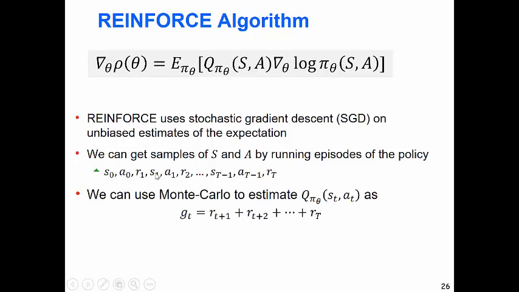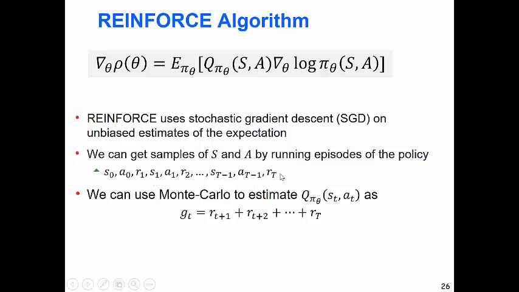Now, at any point here, we can get an estimate of the Q function by just summing up the rewards. If we look at an estimate of the Q function of S1 for A1, the Q function of S1 when you take A1 is just the sum of the rewards after that, because we took A1 and then we followed the policy thereafter.